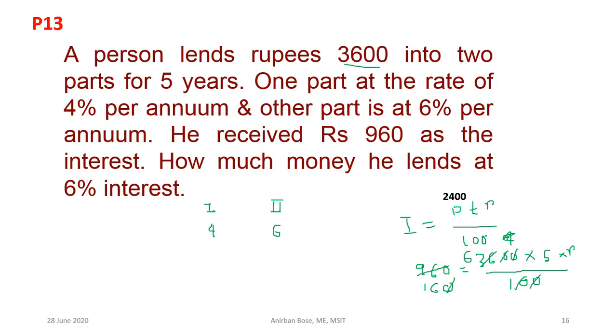If you cancel by 2, this will be 8, this will be 5. Okay, so R will be equal to 8 divided by 5. Okay, am I making any mistake?